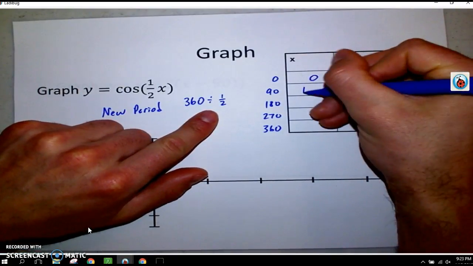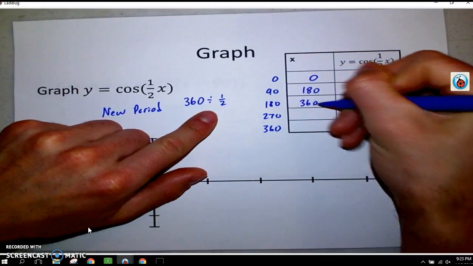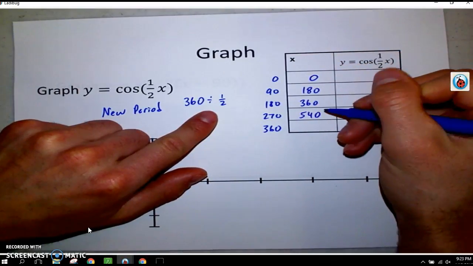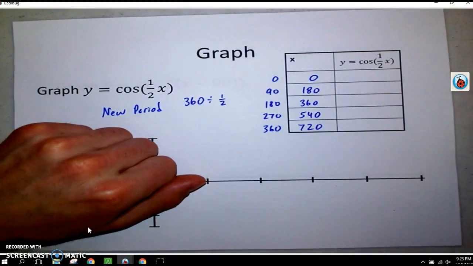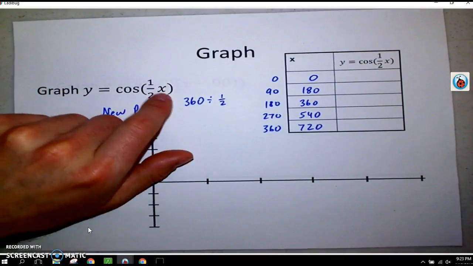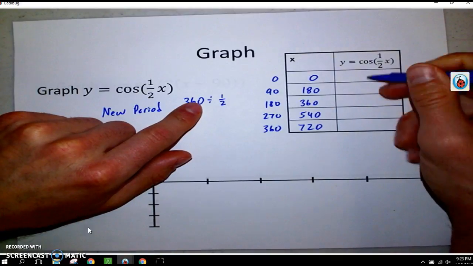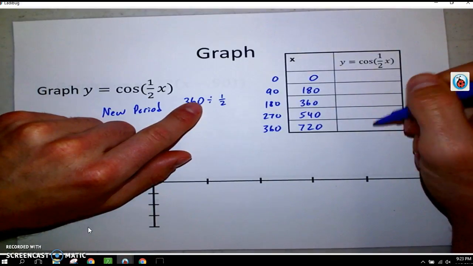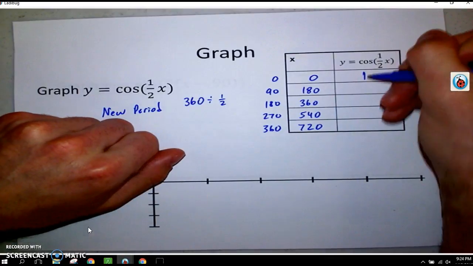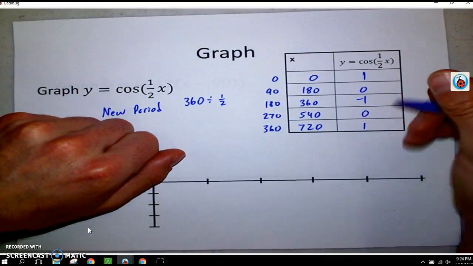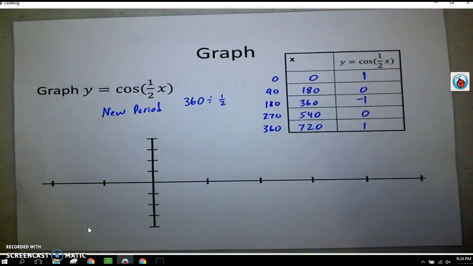So 0, 180, 360, 540, and 720. Now because that is the only transformation I have here, I will have all of my regular parent function values for cosine. So starting at 1 and going down to -1 and back up.